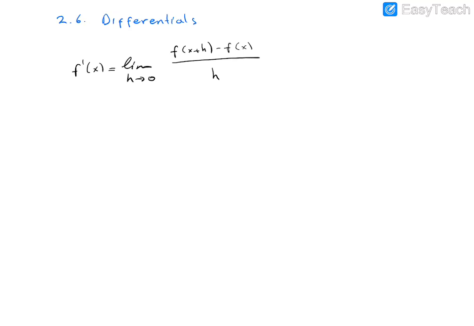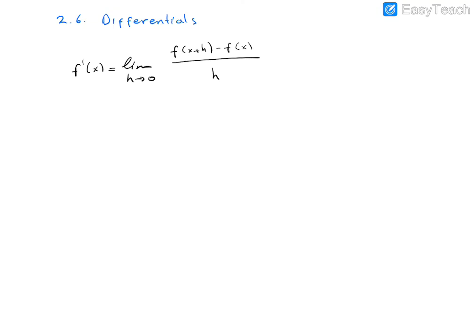Okay, this is the derivative of f at the point x. We consider various interpretations of this limit, including slope, velocity, and instantaneous rate of change, etc.